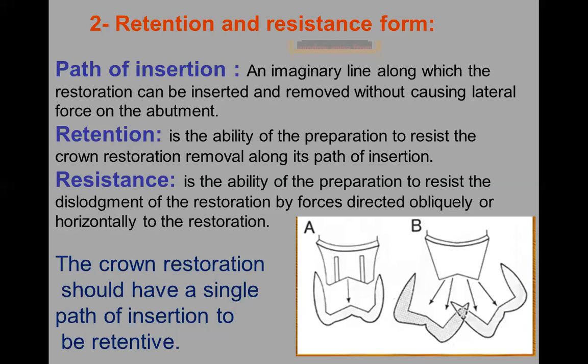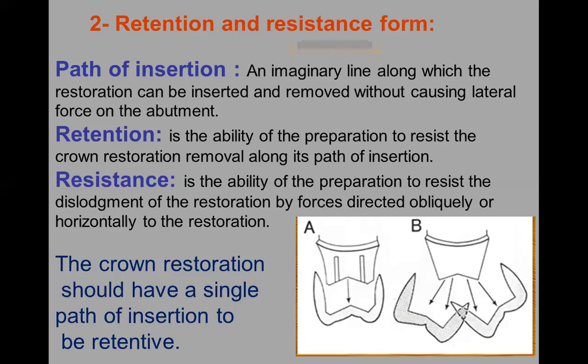It is a path, maybe many lines, but if they are parallel to each other, we will gain one imaginary line. We call it the path of insertion. In the picture, you see that part A is prepared in such a way that the restoration will move only in one direction when we want to remove it.